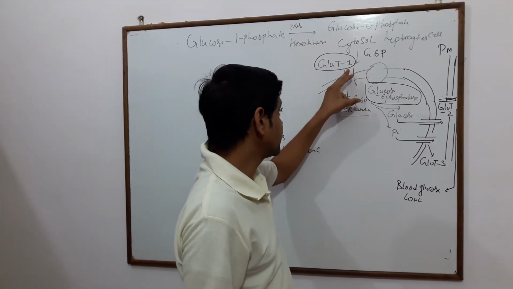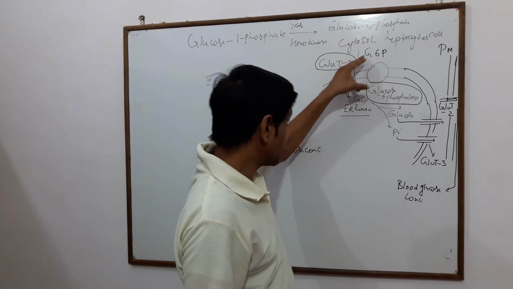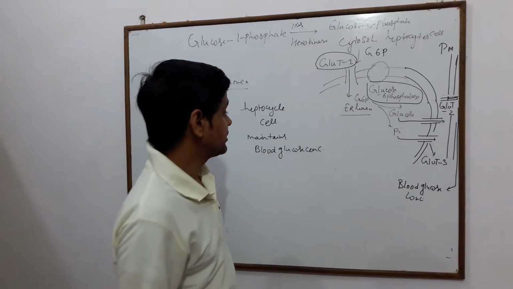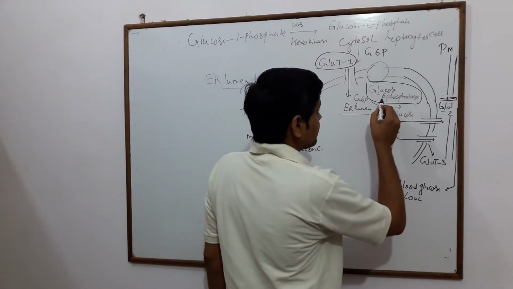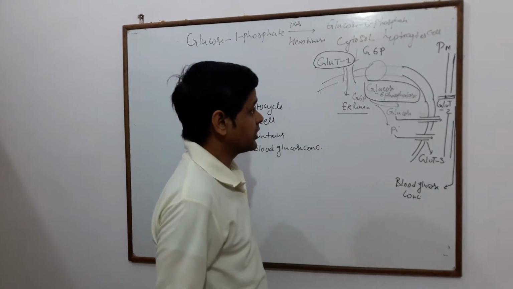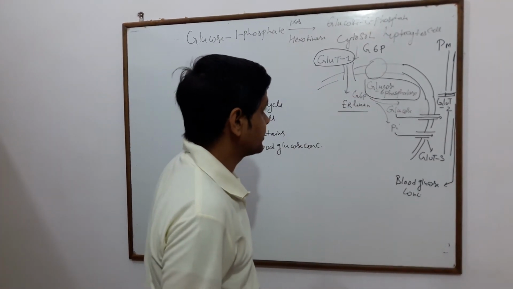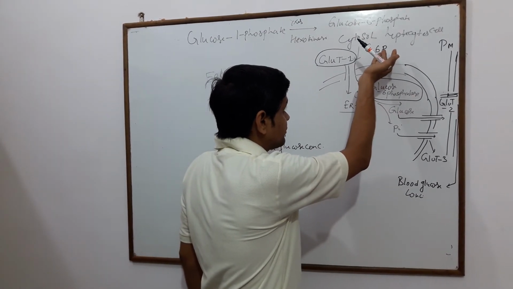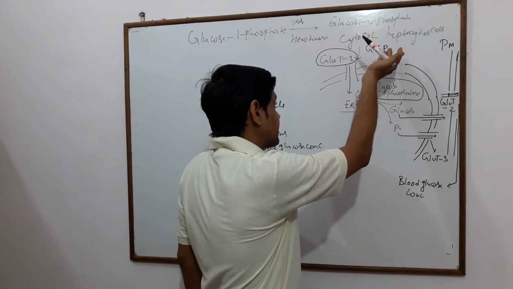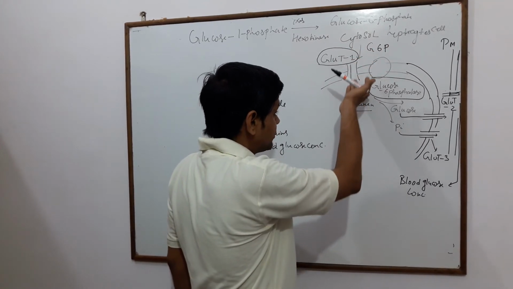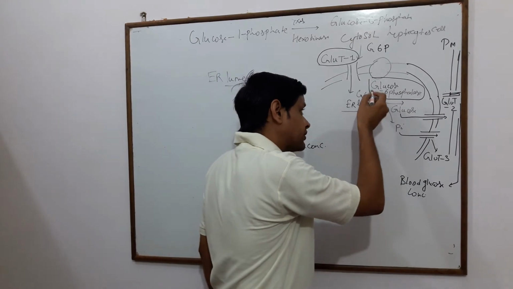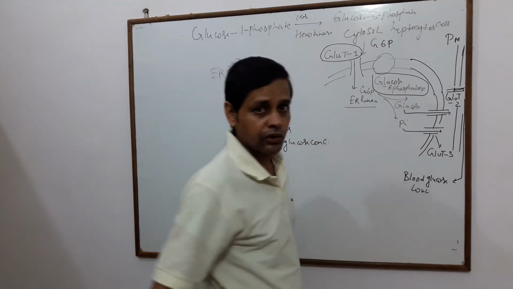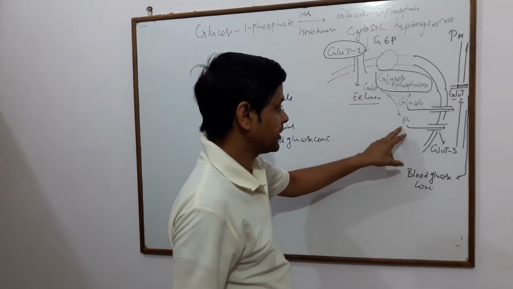That is one reason. And if glucose 6-phosphatase activity is retarded, then even when glucose 6-phosphate comes into the ER lumen, it remains in its intact form and does not break into its constituents, glucose and inorganic phosphate.